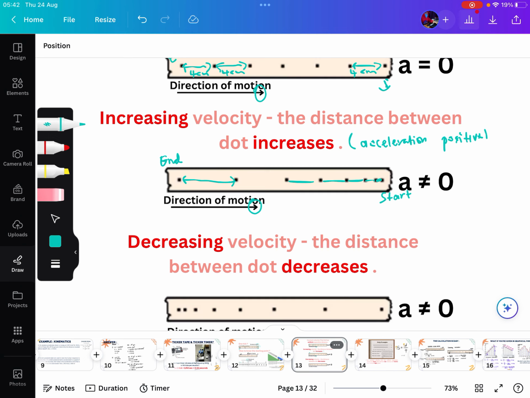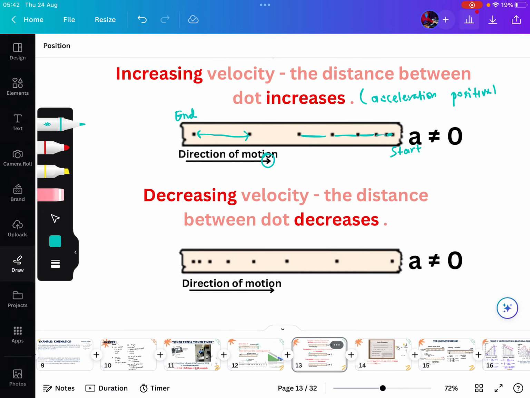And for decreasing velocity, this is the opposite case, where the distance between the dots, or the tick distance, is getting smaller instead.